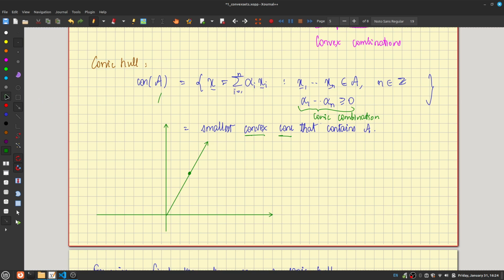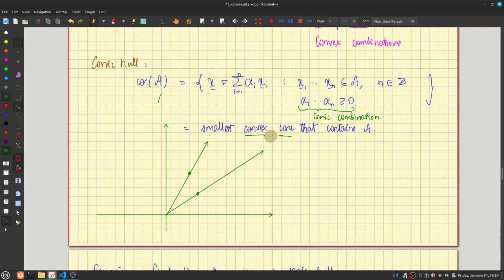Now if I take 2 points in R2, let me take another point. What would be the conic hull of these two? Exactly. Obviously the conic hull should contain this ray as well.